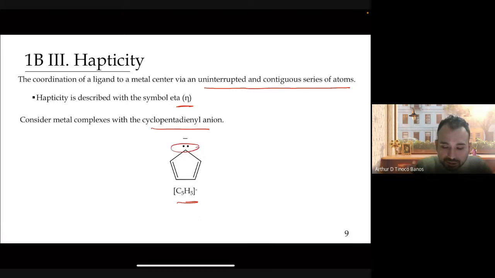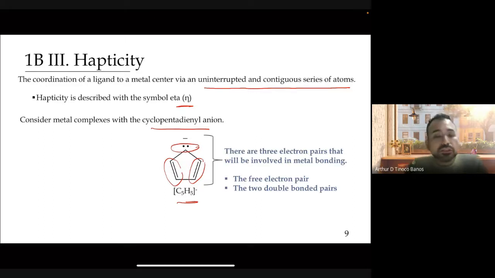But also what's available are these additional bonds, these double bonds, that have the capability to interact with the metal center. So this is really important, because that expands this concept of what are electron pairs that have the capacity to bond to a metal. So these are 3 electron pairs, right? One that is free, 2 that are bonded.